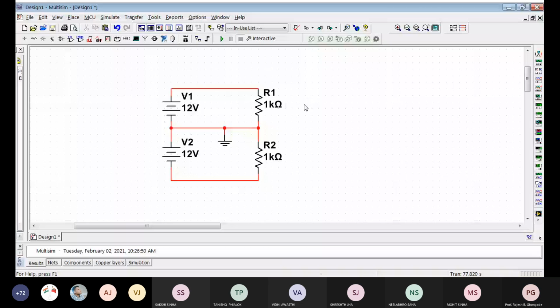So what is this? If I measure it with a multimeter, again I have to put it here like this.